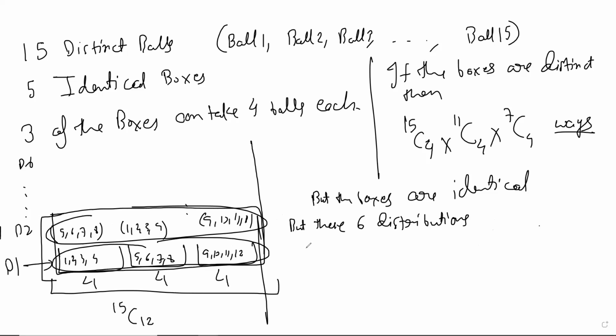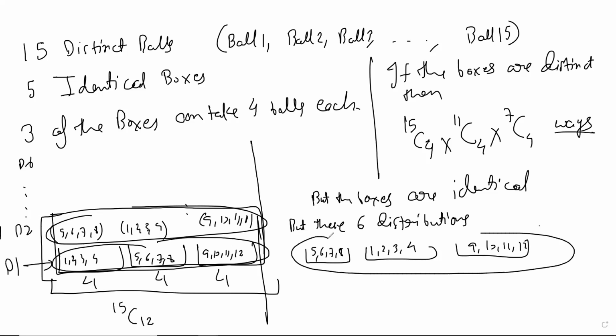If we write them here side by side, 5, 6, 7, 8, and then you take this, I'm just writing the same thing. This is one distribution, and this is another distribution of 1 to 12. These 2 are the same distributions.